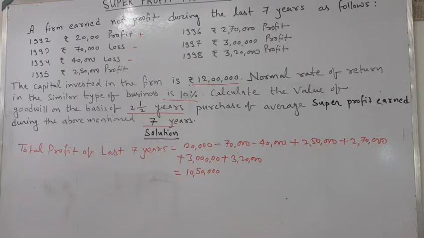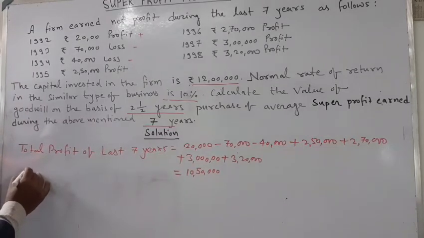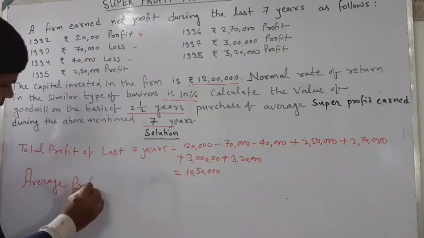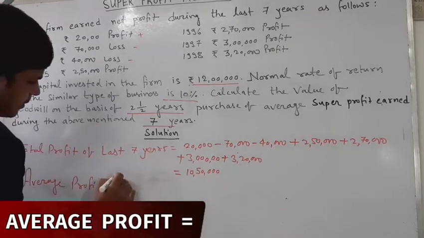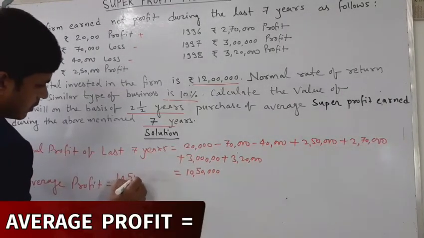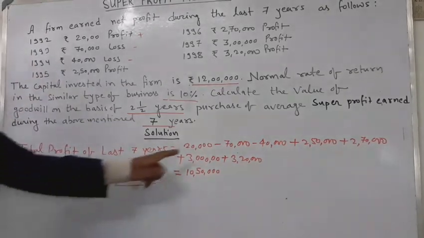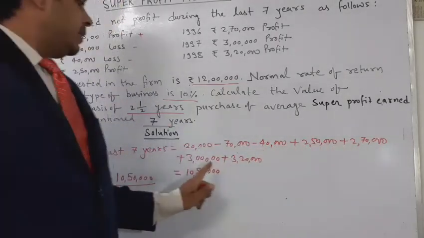Now we are going to calculate average profit. We know very well average profit is equal to total profit divided by number of years' purchase. Average profit is equal to 10,50,000 divided by how many years? 1, 2, 3, 4, 5, 6, 7.